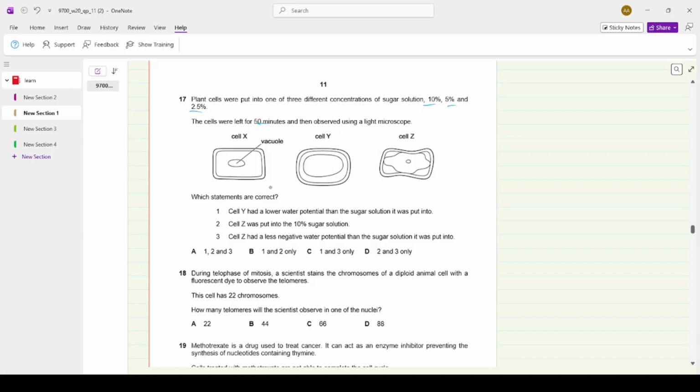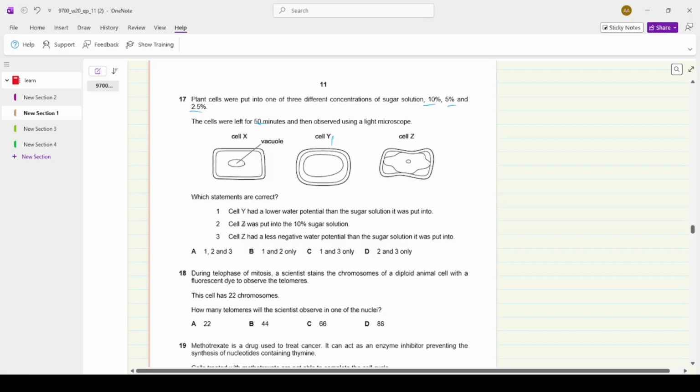So when we see these shapes, we can see X a little bit normal, maybe it was in isotonic solution, and then Y appears to be flaccid, and Z appears to be plasmolyzed. So they are saying which statements are correct. Number one, cell Y, it is this one. Cell Y had a lower water potential than the sugar solution it was put into.